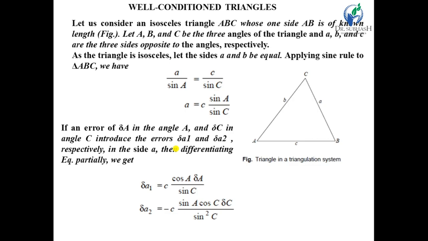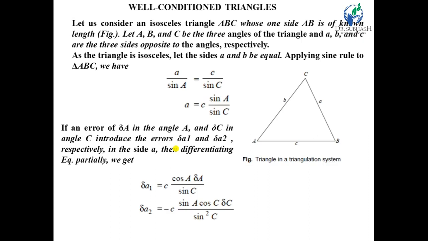Now, let us consider the understanding of the well-conditioned triangle. First we consider the isosceles triangle ABC, whose one side AB is of known length. Let A, B and C be the three angles of the triangle, and a, b and c the three sides opposite to the angles respectively. The triangle is isosceles. Let angles A and B be equal.